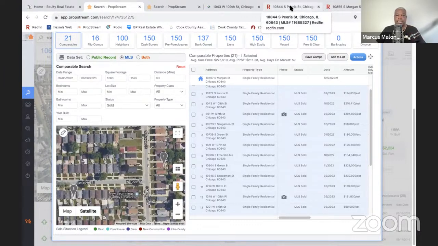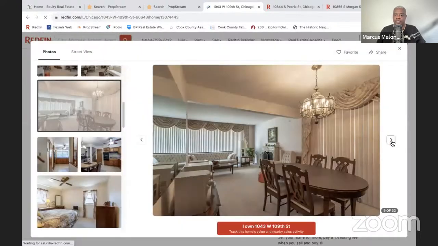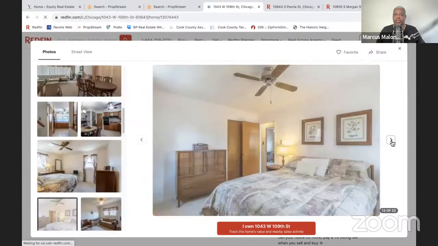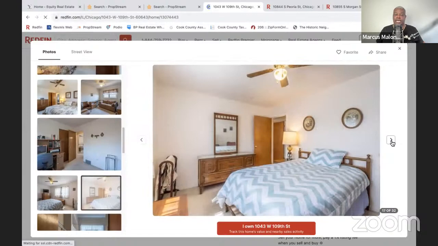So once you start looking at this, you'll see it's brick. That checks the boxes. But let's look at the interior. Dated. Solid home. Clean, but it's not renovated.